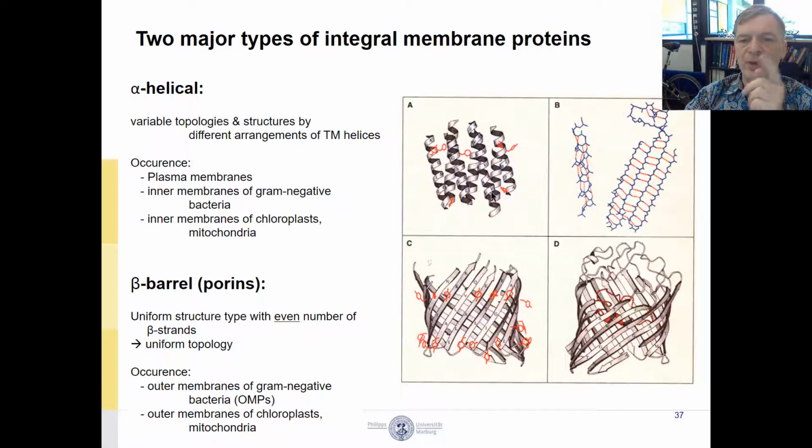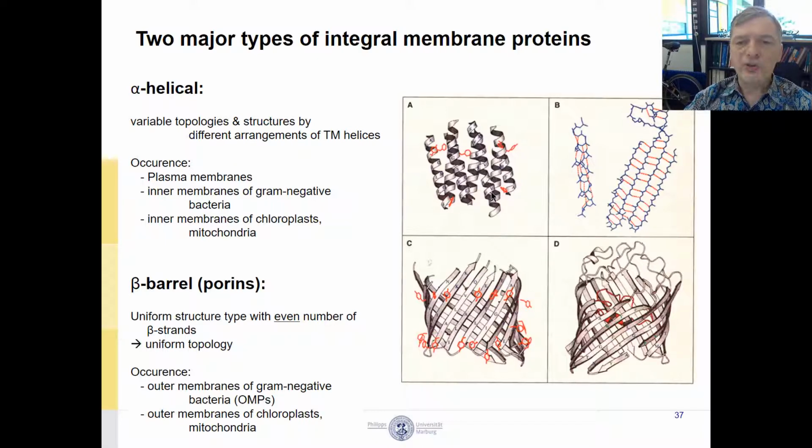So when you compare one 7-transmembrane helix protein from one family, for example bacteriorhodopsins, which we had last time, with another 7-transmembrane helix protein like rhodopsin or these G protein coupled receptors, they have the same number of helices, but when you look at the structures, the arrangement of the helices is somehow different. It's not easy to see how one could transform the one packing into the other packing, and that's true for these alpha helical membrane proteins in general.